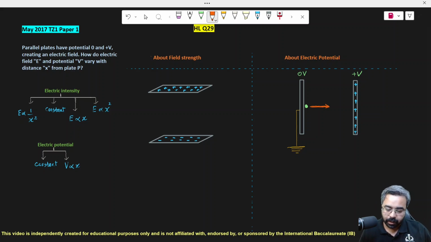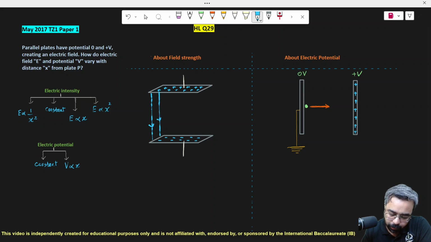Let us investigate. Whenever we produce a potential difference between two parallel plates by connecting them with a battery, one plate develops a higher potential and the other plate develops a lower potential comparatively. Now for the parallel plates, the field between them is uniform. And how do we represent this uniform field?